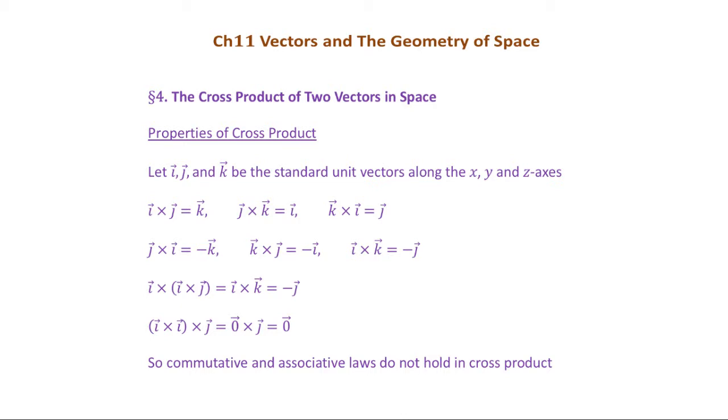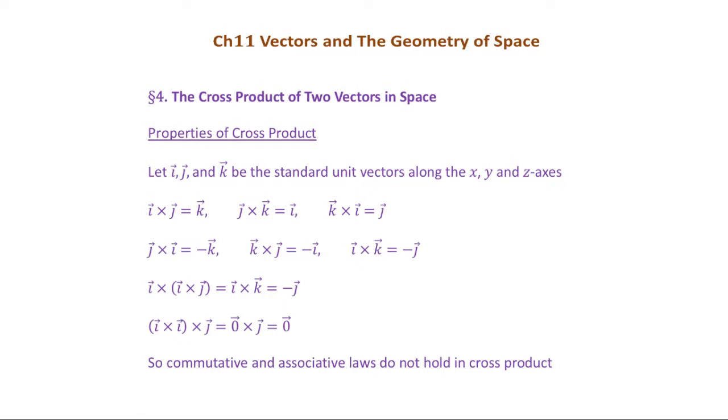But also the magnitude: all of them are unit vectors, so the magnitude of all the vectors will be 1, and the angle between the x and y axis is 90 degrees, so sine 90 degrees equals 1. If you use the formula for the cross product, the magnitude of i cross j is the magnitude of i times the magnitude of j times sine theta.